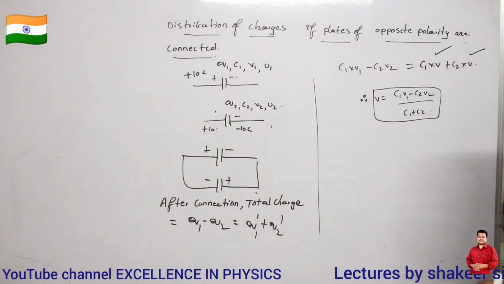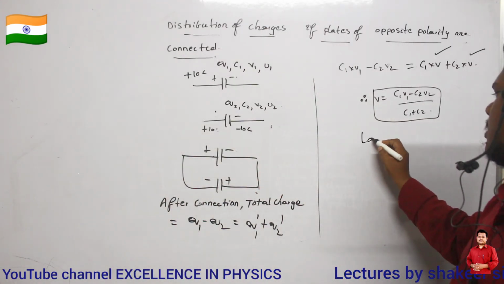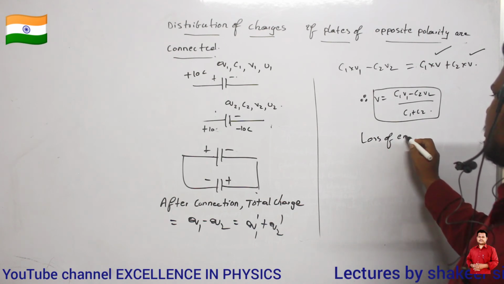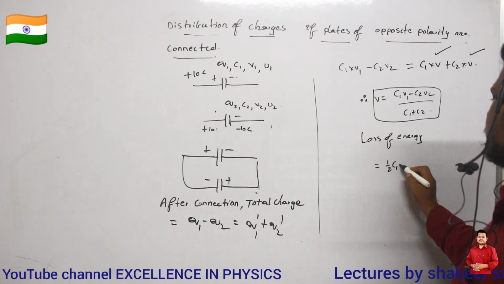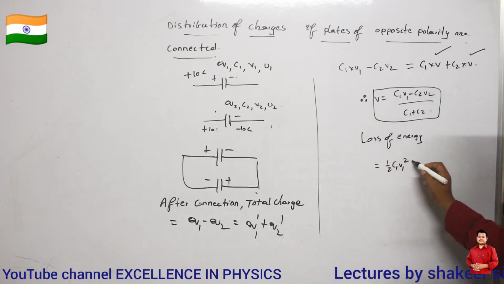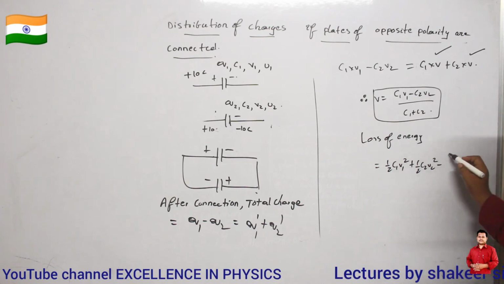How can I write the loss of energy? Clear? Loss of energy is equal to half C1V1 square plus half C2V2 square, minus the final energy, which is half C1V square minus half C2V square.